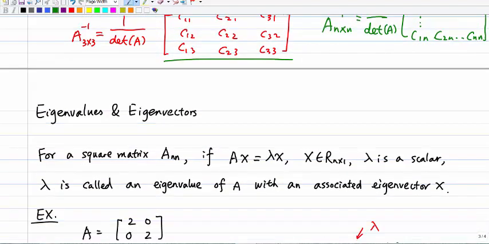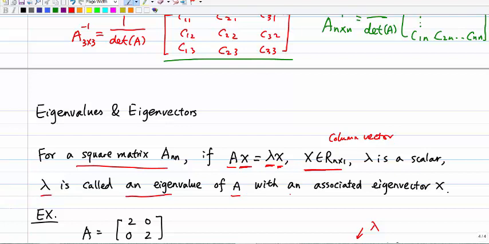Next is eigenvalues and eigenvectors. They also talk about the property for a square matrix. If I give you a square matrix A, which is n by n, and A times a vector x is equal to lambda times the same x, where x is a column vector and lambda is a scalar, then lambda is called an eigenvalue of A with an associated eigenvector x.